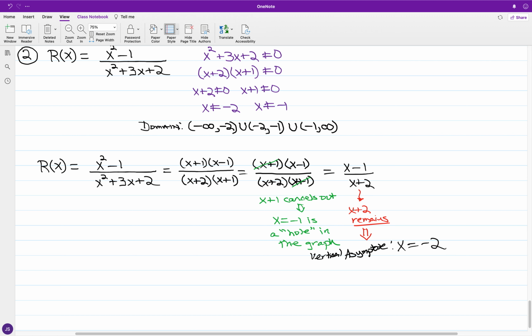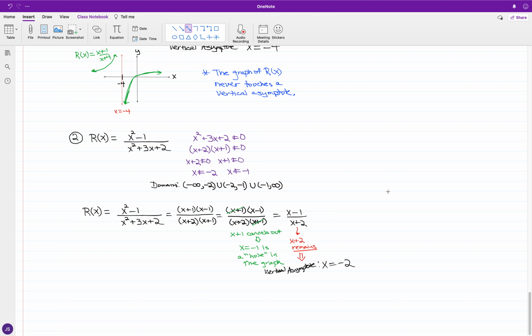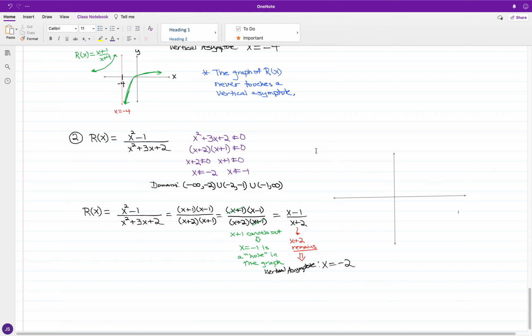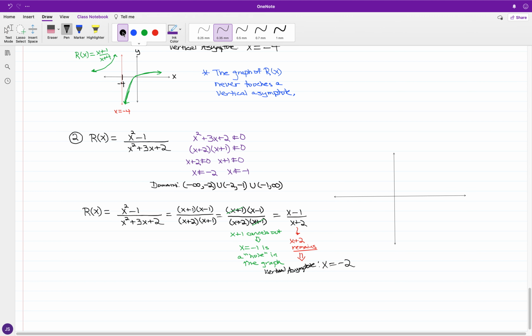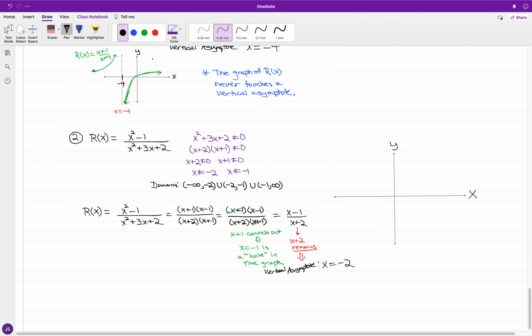So you got your domain and you got the vertical asymptote. Just putting it all together, here we go. You're going to have a vertical asymptote at x equal to -2.